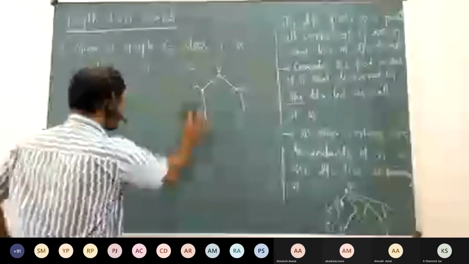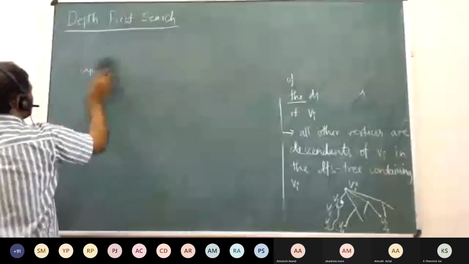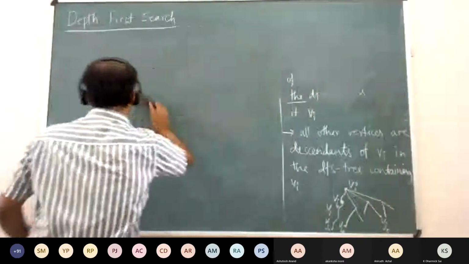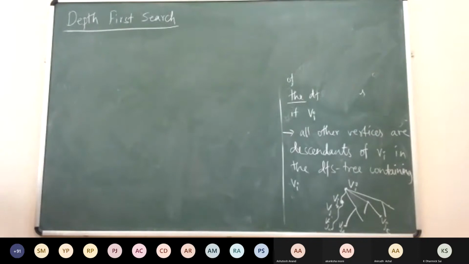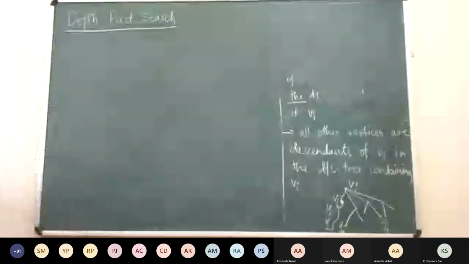Okay. So let us go to the next one. Suppose you are given a graph. Now, can you find out how many connected components are there in the graph using DFS?